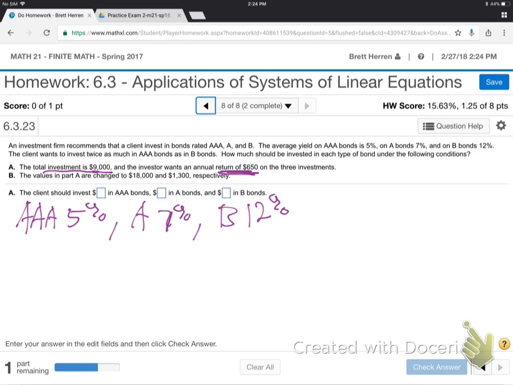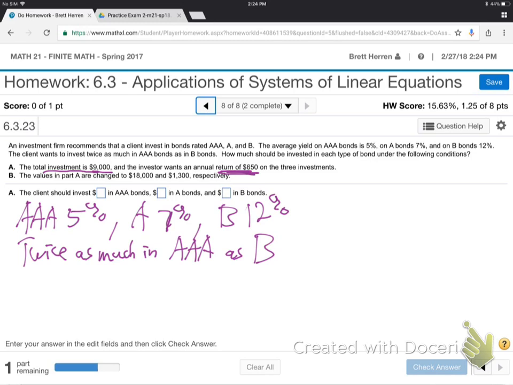Like that. And twice as much in AAA as B. That's the special equation. See if you can write that. Remember, you got to double the small guy to make them equal, don't you?